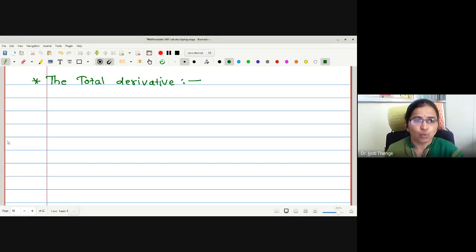Taylor's formula in the one-dimensional case. All of you are remembering Taylor's formula, finding the value of a function near a given point.